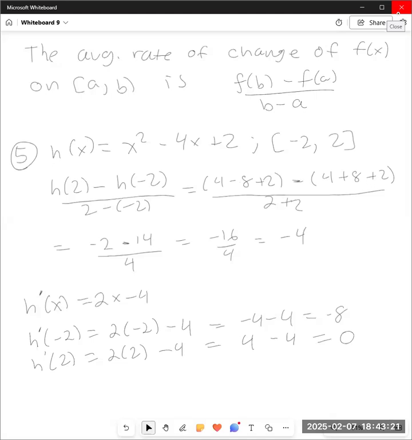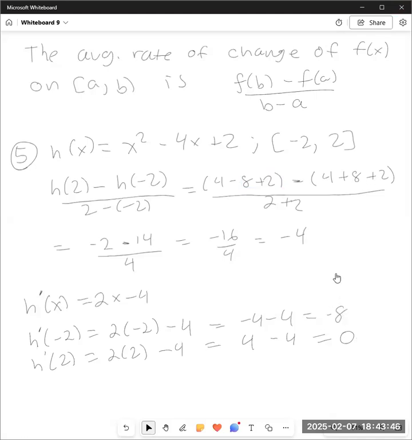So there you have it. That is an example of the intermediate value theorem, or the mean value theorem, which says that this average value needs to be somewhere in between the instantaneous values at the endpoints.